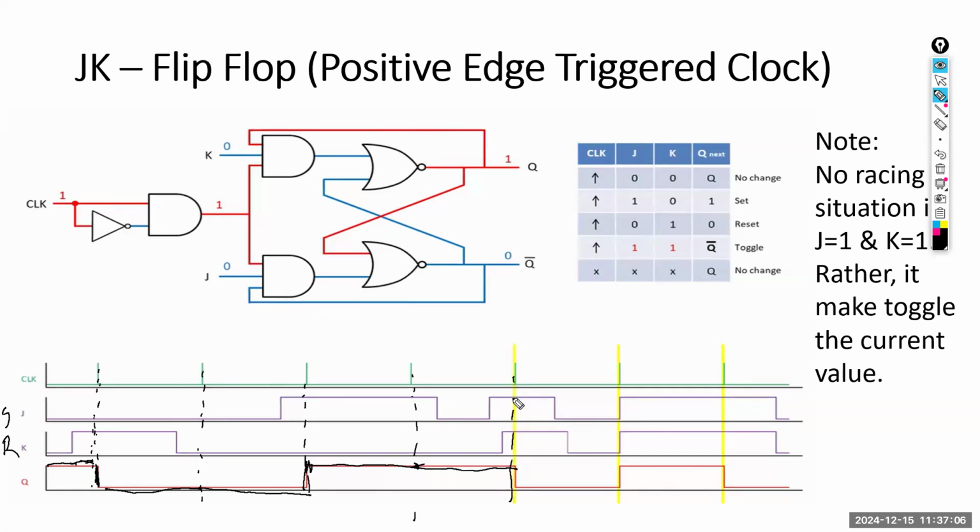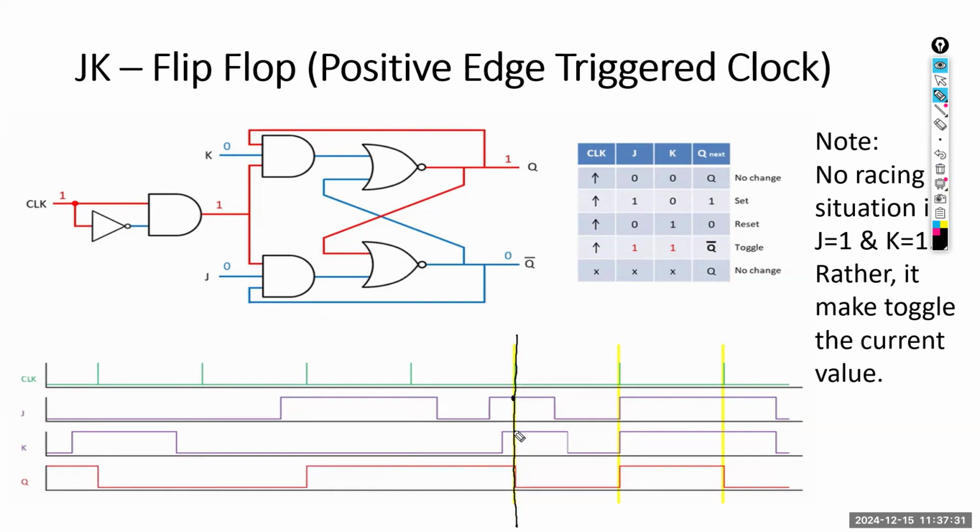And during this pulse, your J, that is S is 1, R is 1. You can see S is 1, R is 1. So that is invalid, right? Look at this one.